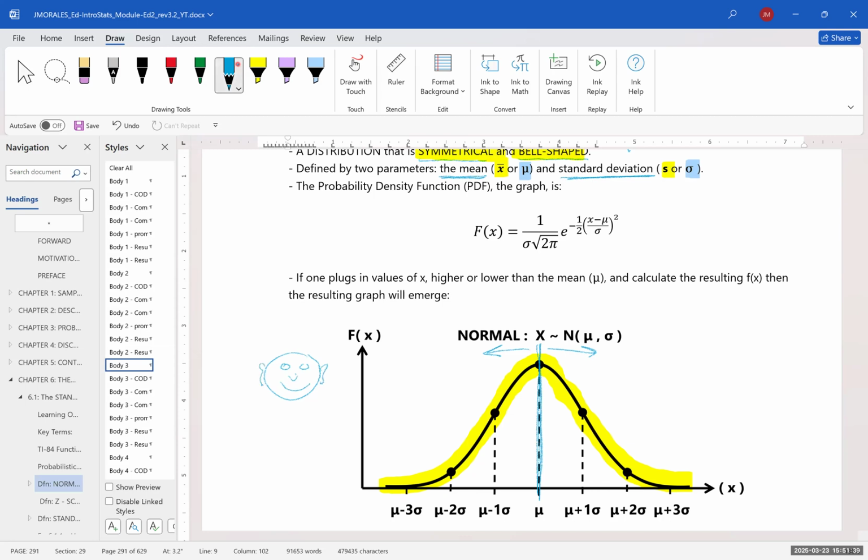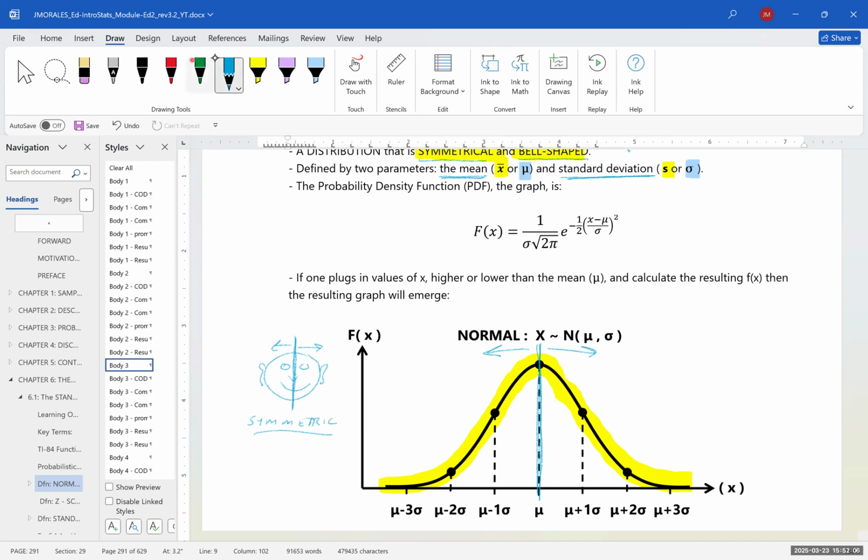The human face has a line of symmetry right down the middle, where it's the same on one side as it is on the other. So this is what it means to be symmetrical. And so you can see that the shape of the normal distribution is symmetrical and bell-shaped.